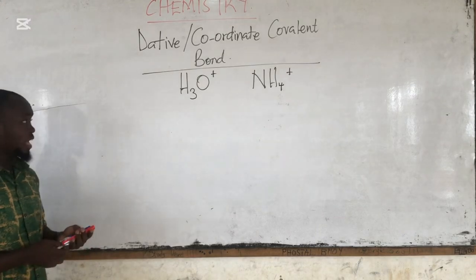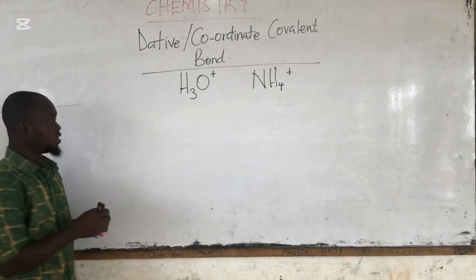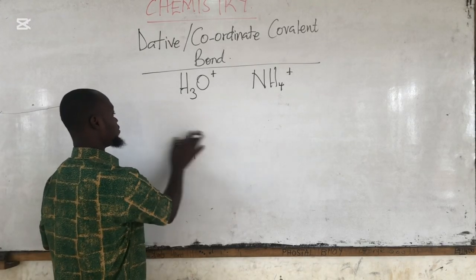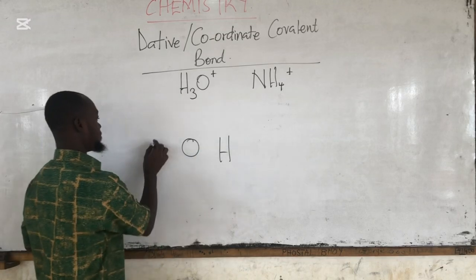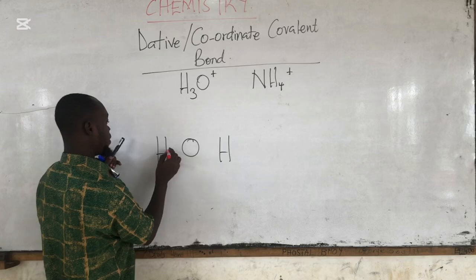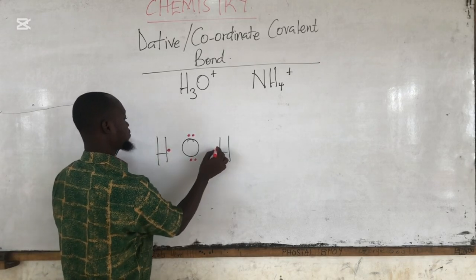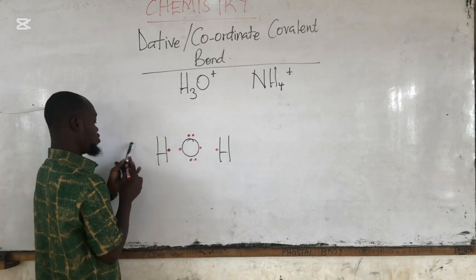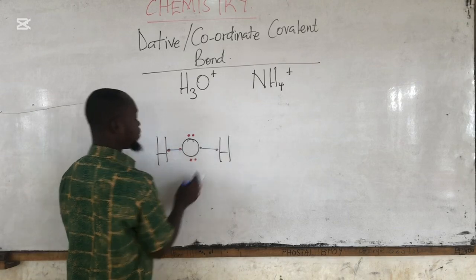Now let's explain dative covalent bonding in H3O+ and then in NH4+. H3O+ is formed between H2O and H+. So we have H2O. We are looking at the formation in H2O. There's going to be an electron pair shared here.